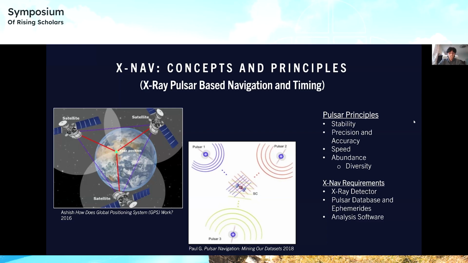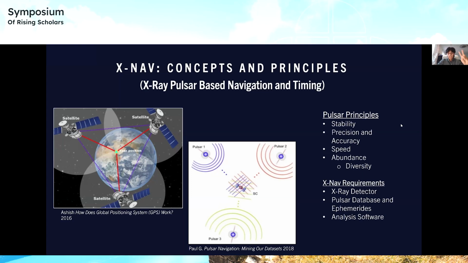And 4, there is an abundance of them. So we have a lot of diversity in what kind of pulsars, in terms of the noise around them, how fast they emit, how bright they are. We can use which pulsars we want for XNAV.